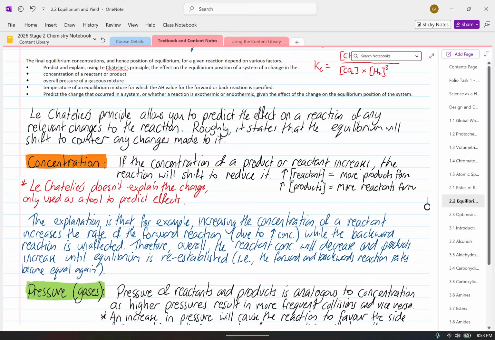So let's have a look at concentration, and hopefully it'll make more sense. If we mess with the concentration of a reactant, let's say we increase the concentration of our reactant, the reaction is going to try and decrease that back down a little bit, so it's going to make more products form. So it's going to use up the excess reactants that we've added by making more products form. Similarly, if we increase the concentration of our products, the reaction is going to go backwards, make more reactants to try and undo that increase of products that we did.